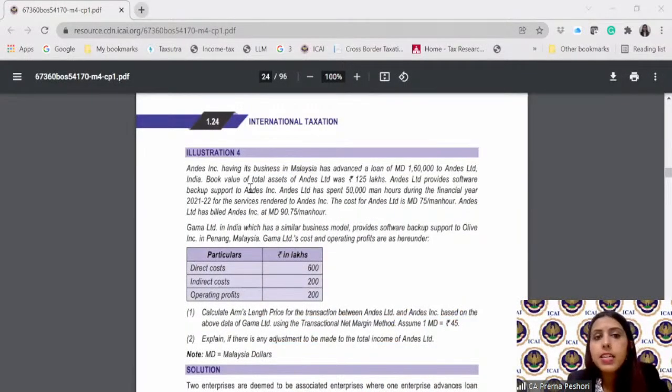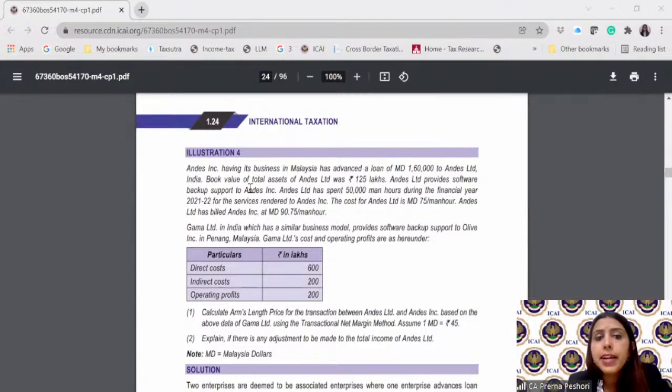And this INC, having its business in Malaysia, has advanced a loan of MD 1,60,000 to Endis Limited. Book value of total assets of Endis Limited was rupees 125 lakhs. Endis has provided software backup support to Endis INC. Endis Limited had spent 50,000 man hours during the financial year for the services rendered to Endis INC. Cost for Endis Limited is MD 75 per man hour.